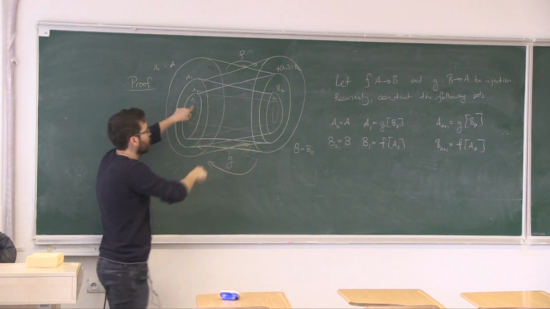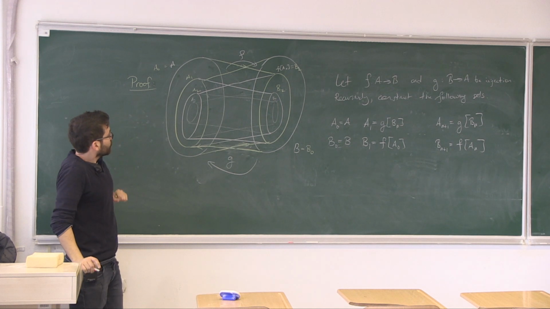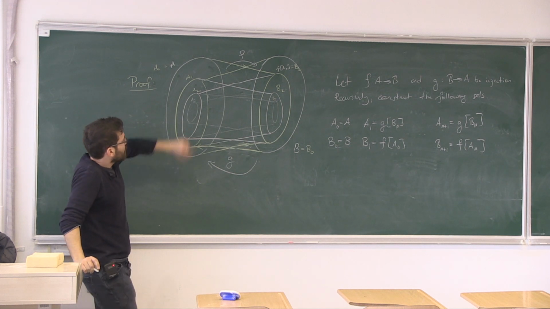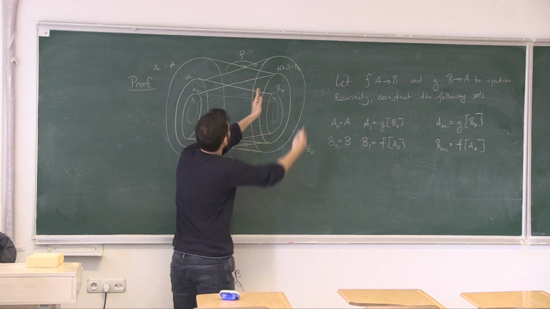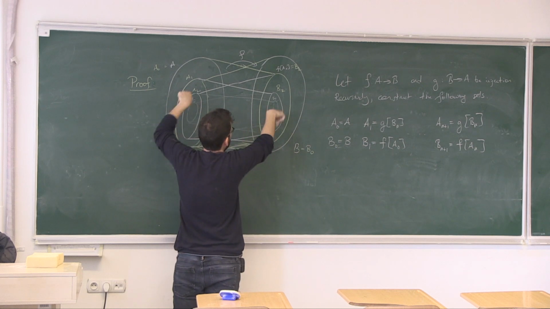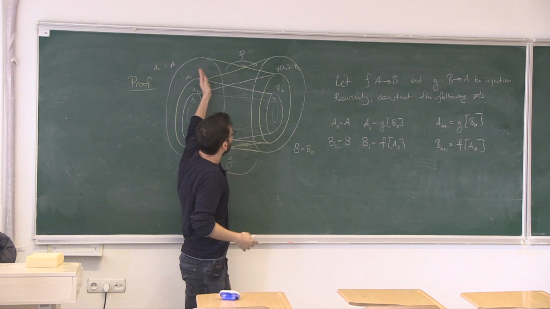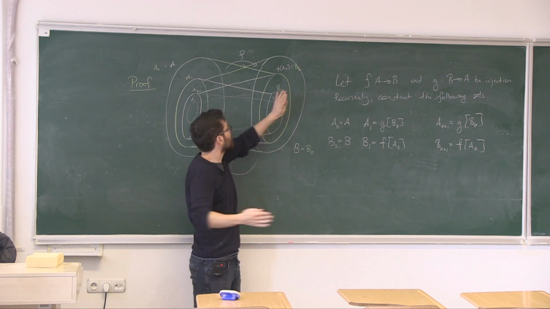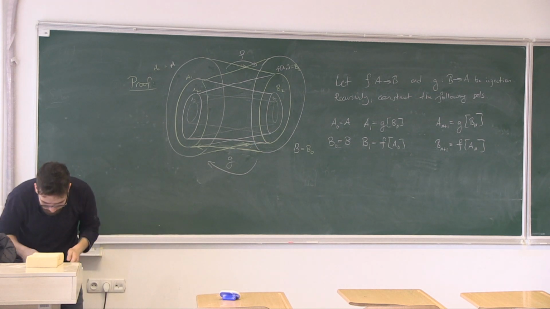I'm not going to go for more because I don't have enough space. Now, is this understood, what I'm doing? Apply F, apply G. You have these smaller guys. Apply F, apply G. You have these smaller guys. You keep doing that. Maybe this is empty. Maybe when you apply F, you get all of G. It is possible, so this may be empty. I don't really care about that at the moment.